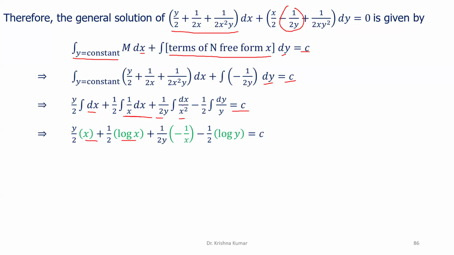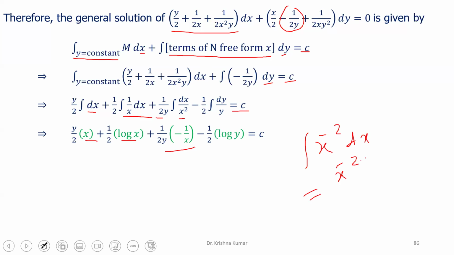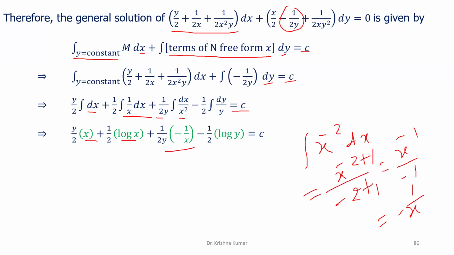And integration of 1 upon x square is minus 1 upon x. Let me show you how: x to the power minus 2 dx equals x to the power minus 2 plus 1 upon minus 2 plus 1, which is x to the power minus 1 upon minus 1, or we can write minus 1 upon x. And again, integration of 1 upon y with respect to y is log y, which is equal to c.